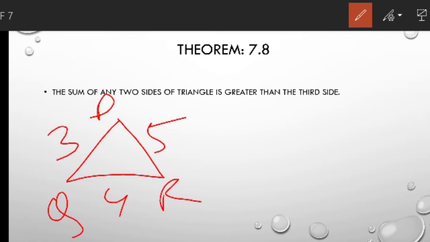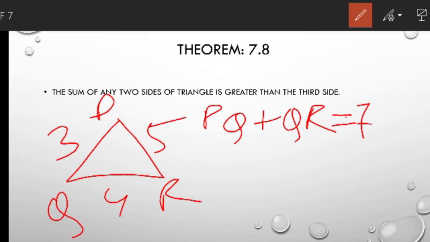So all the sides are unequal. If we add two sides, the sum of the two sides will be greater than the third side. If we add PQ plus QR, it will be 7, which is greater than 5.